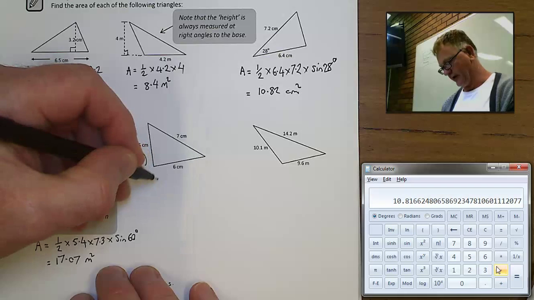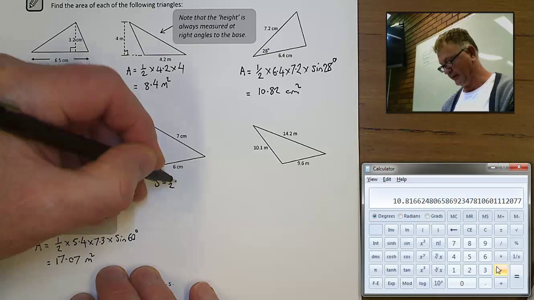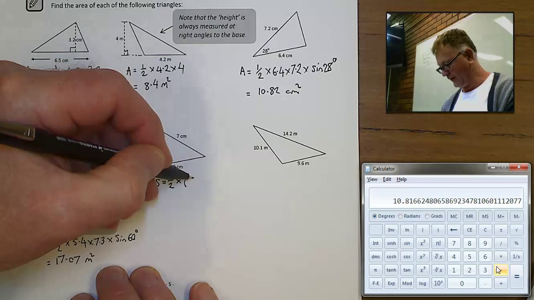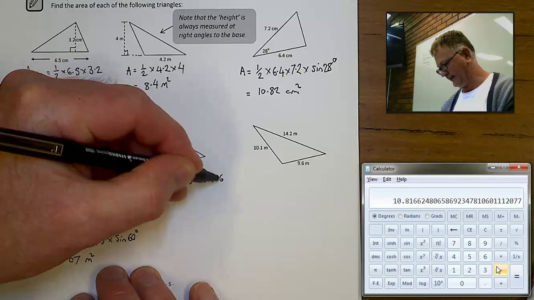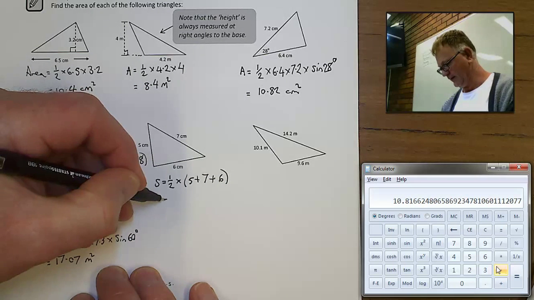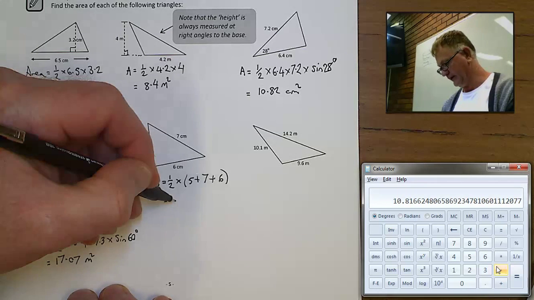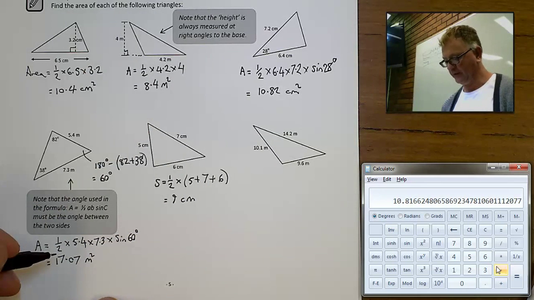So, to work out half the perimeter, you simply work out the perimeter and times it by a half. So it's a half of 5 plus 7 plus 6 in this case. 5, 7 and 6 add up to 18, times a half of 18 is 9 centimetres. So that's the variable S.